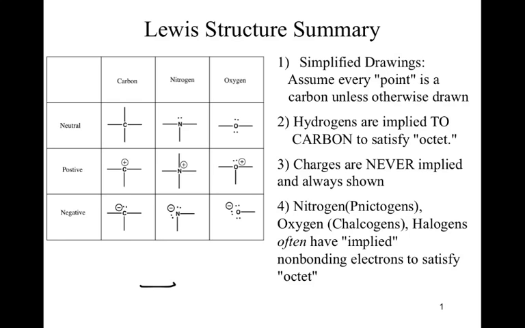So what I've specified so far by just drawing the line, let's go ahead and show the implied information in red. I've specified that I have 2 carbons. Well, that's a nice little bit. Rule number 2 is that hydrogens will be implied to carbon.